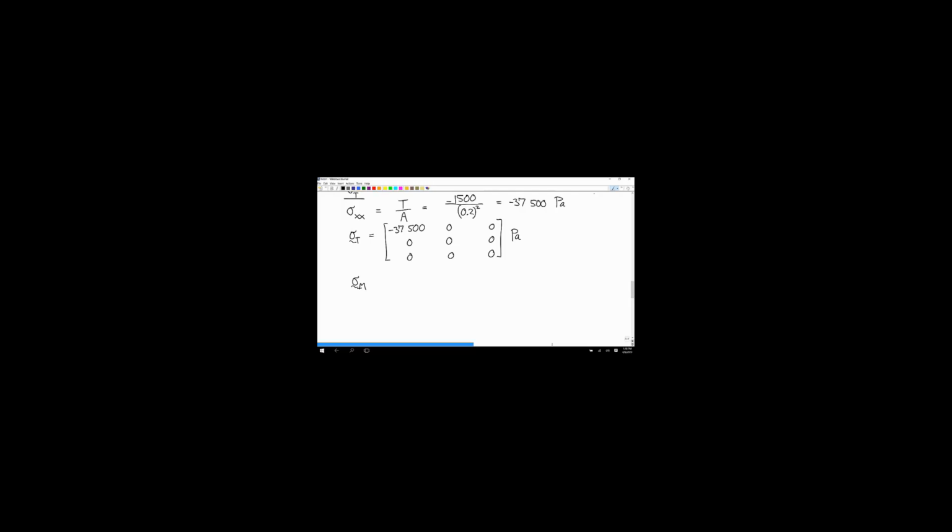All right, so the formula we're going to use is that the XX stress is equal to negative My over I. So we need to calculate the area moment of inertia about an axis going through the centroid. And that's just a formula we have. We don't have to use the parallel axis theorem.